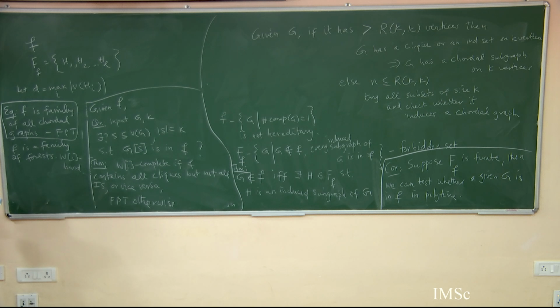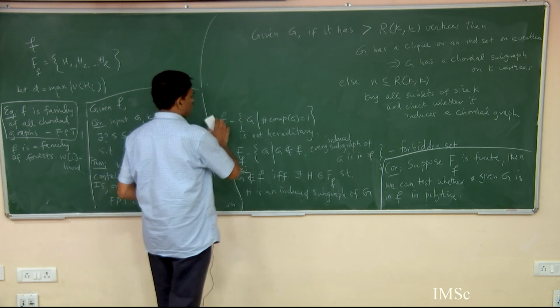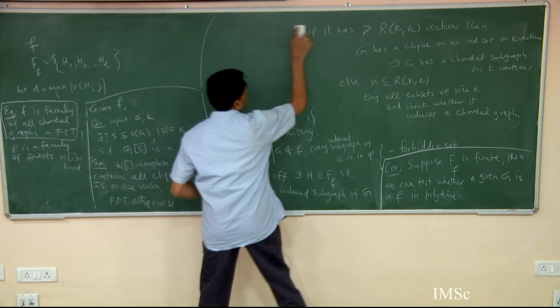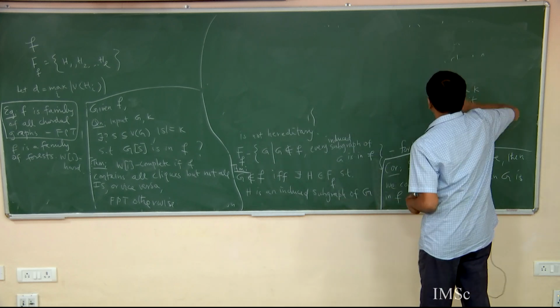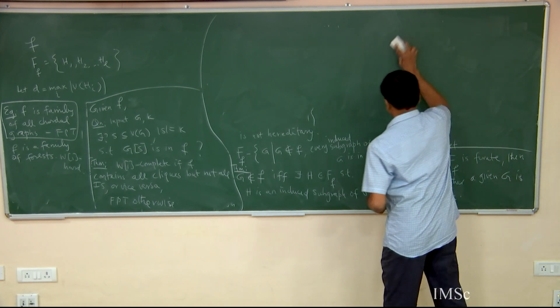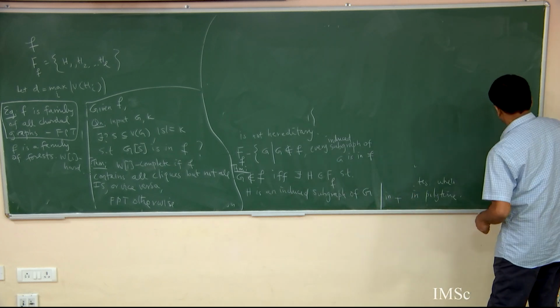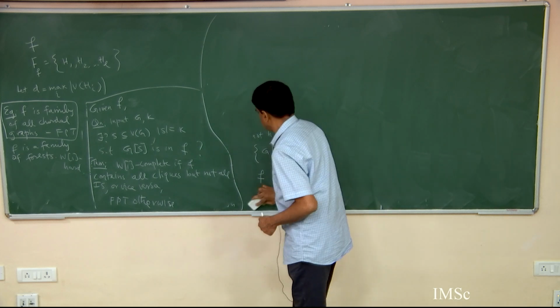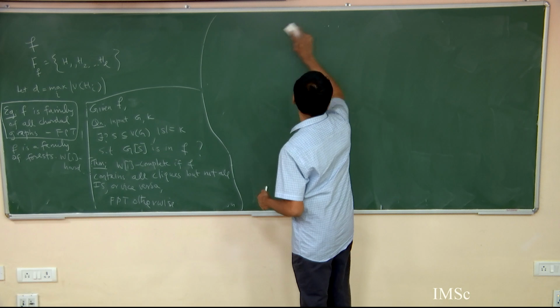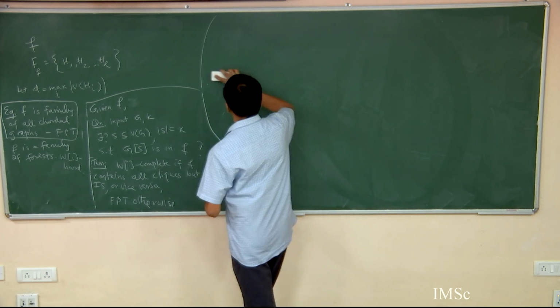Now let's talk about minor closed families of graphs. These hereditary graphs are closed under induced subgraphs. Now a minor closed family is defined as follows.